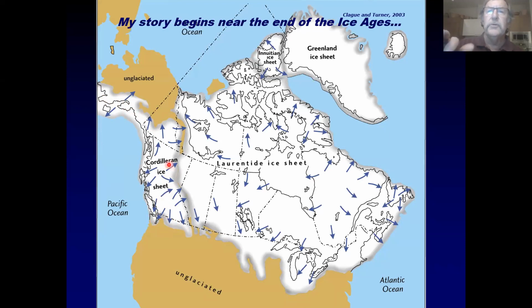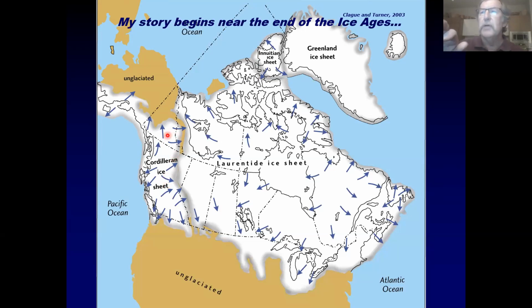This was a big ice sheet, but when we look at it in the context of ice cover over North America during the last ice ages, it seems fairly small, because we had a much, much larger ice sheet burying much of northern North America at the end of the Pleistocene, which we call the Laurentide ice sheet.